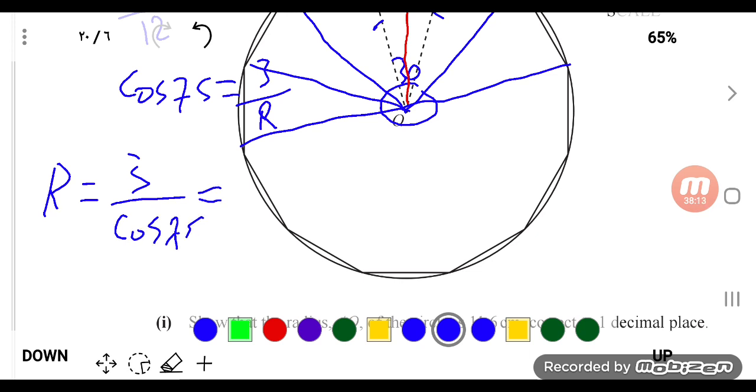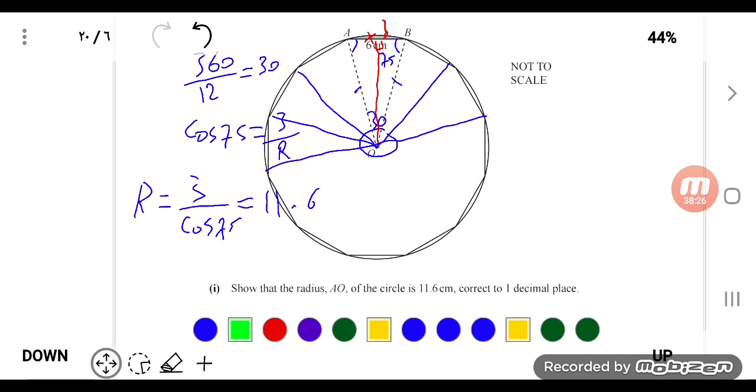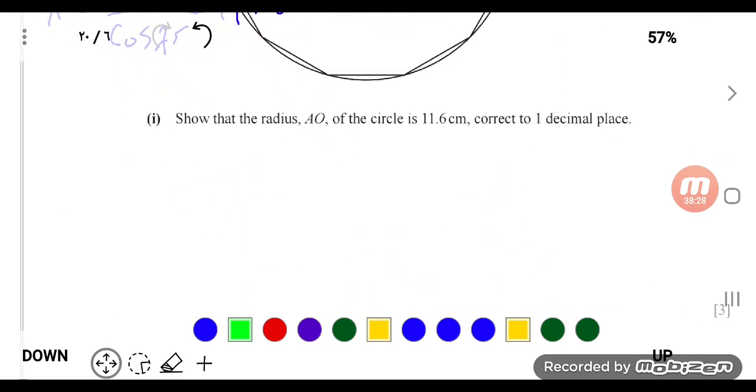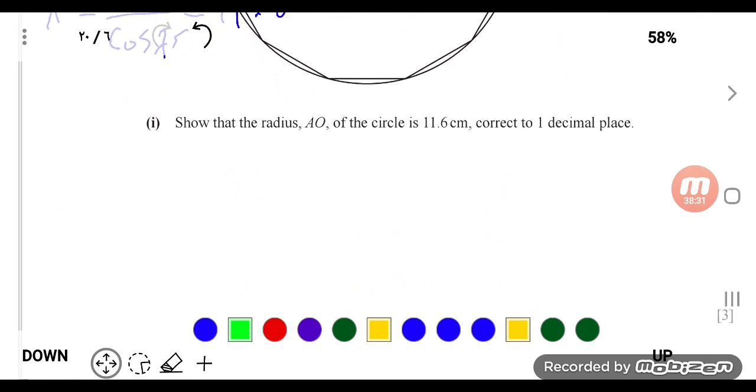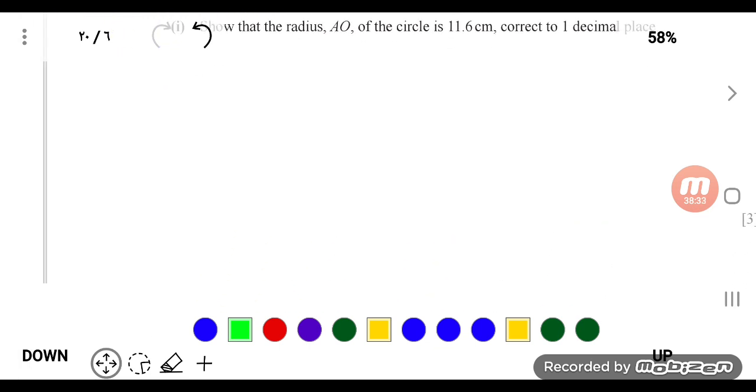And you get exactly as required. The length is 11.6. So you got 11.6, and you proved that the radius is 11.6. Now let's see the next question. Okay, show that the radius, we did that.